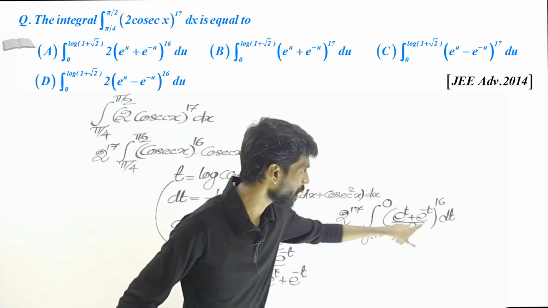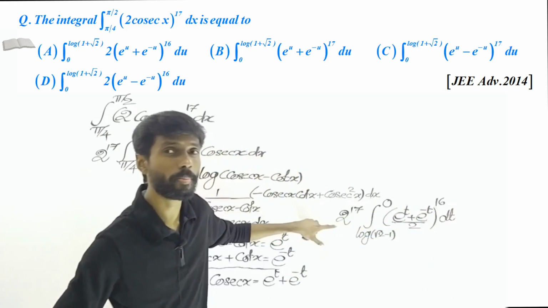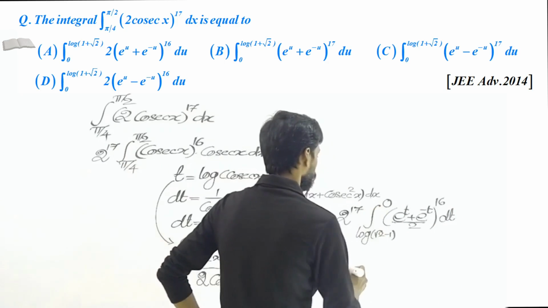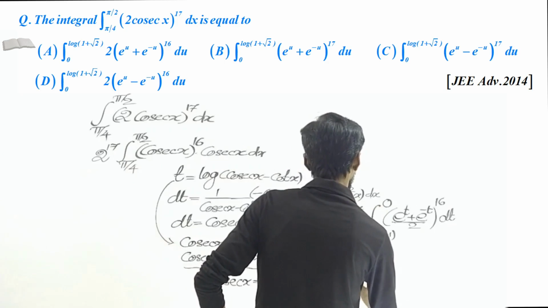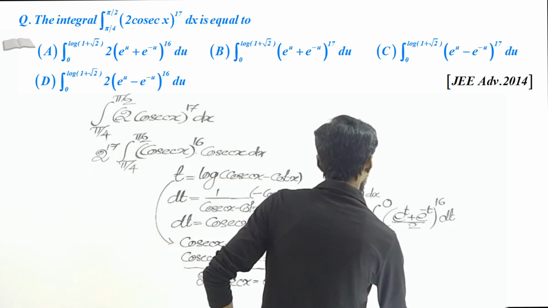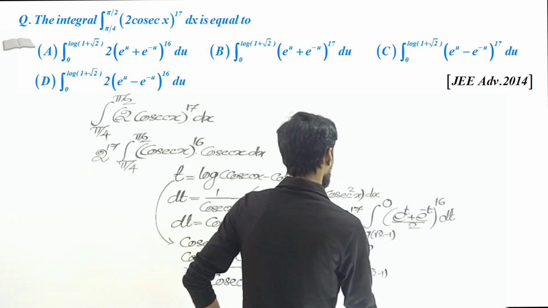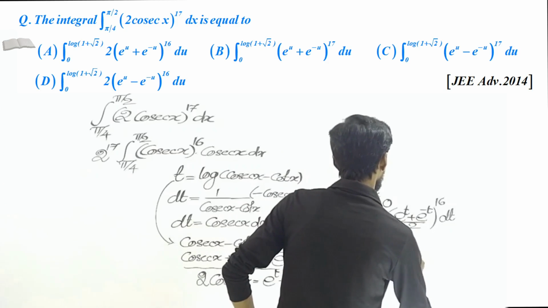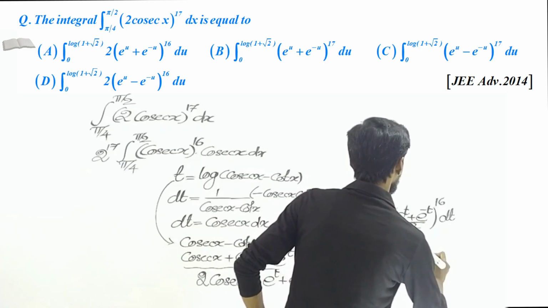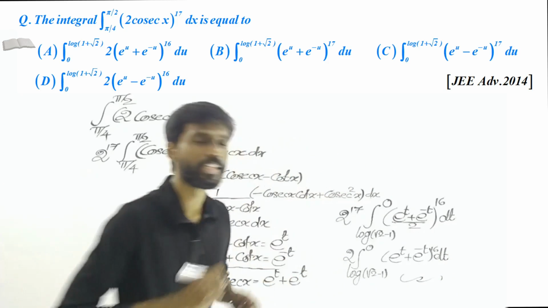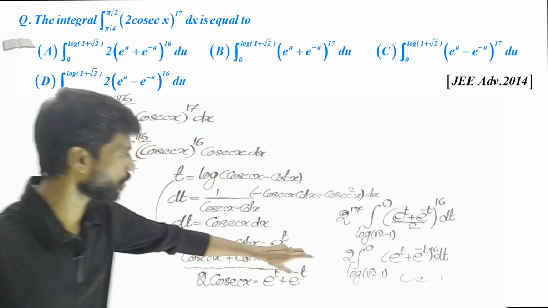This is 2 to the power 16, and here we have 2 to the power 17, so that will get cancelled. So we will get the integration from log root 2 minus 1 to 0, of 2 times e to the power t plus e to the power minus t, to the power 16, dt. So that's all. The given integral can also be written in terms of this one, right?